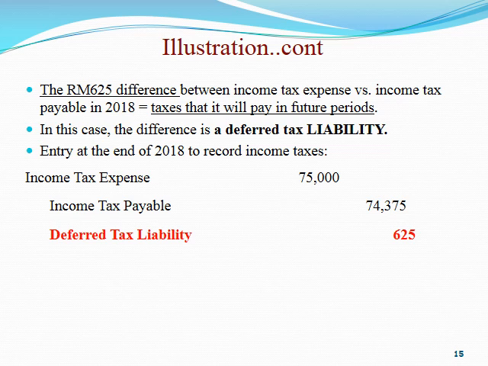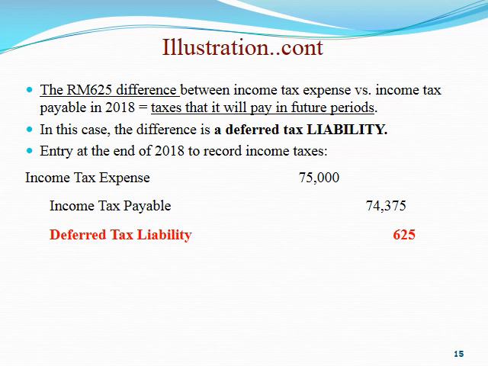So the difference between income tax expense and income tax payable in 2018 is RM625. This amount represents tax that the company will need to pay in future periods. In this case, the difference is a deferred tax liability.